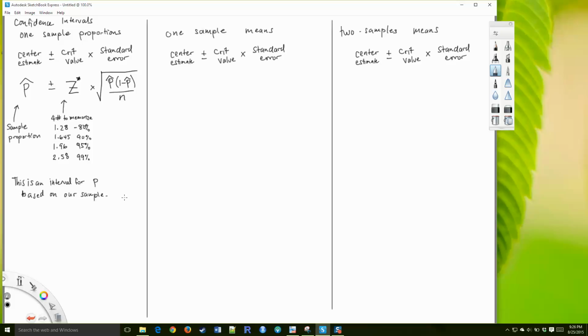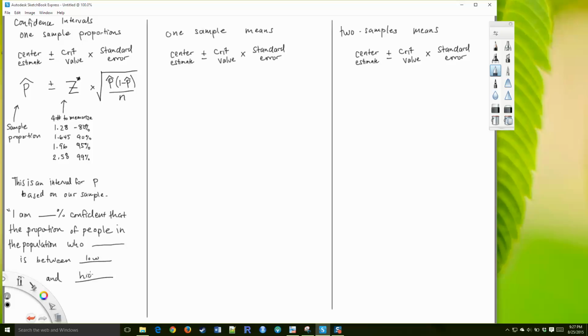In the end, we make conclusions like, I am blank % confident that the proportion of people in the population, and it's always about the population, never about people in the study or in the sample, who blank, or whatever it is, is between the low value and the high value.